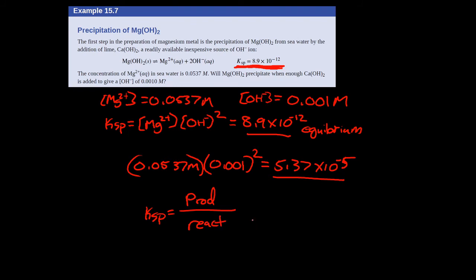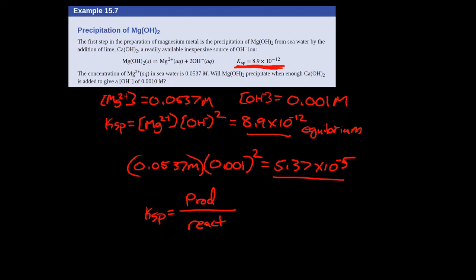That's what Ksp is equal to. Because this number is way too big, what that means is that we are not at equilibrium, and even more specific than just not being at equilibrium, we have too many products. Too many products, too few reactants.